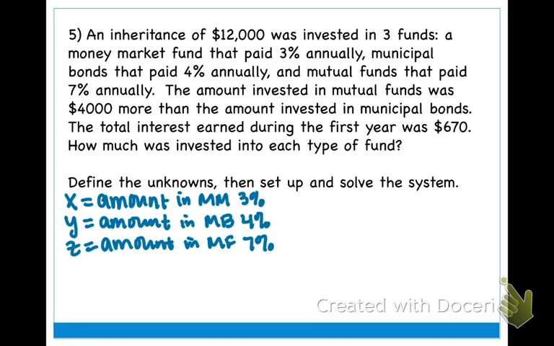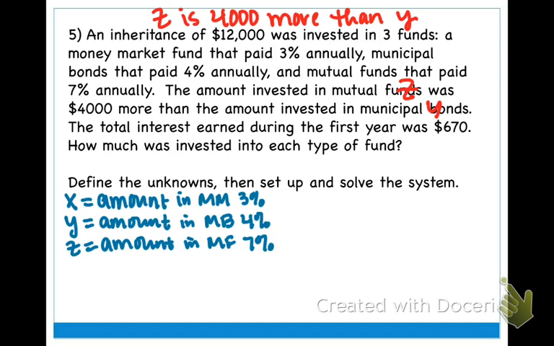So now when I read through the question and I see the amount invested in mutual funds, I can replace that with a Z. This says the amount invested in mutual funds, that's saying Z, was 4,000 more than the amount invested in municipal bonds, or Y. So Z is 4,000 more than Y. I need to convert that into an equation.